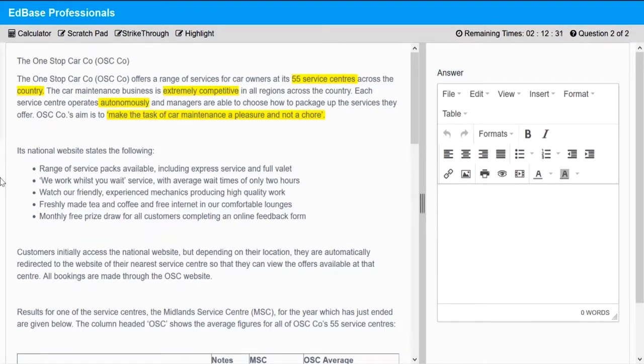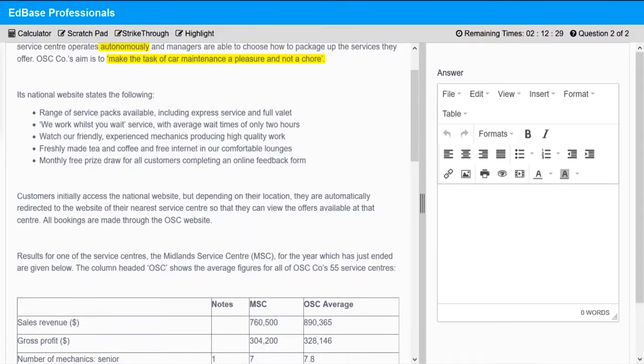Okay, very good. Now, in the second bit, its national website states the following: a range of service packs available, including express service and full valet. We offer a while-you-wait service with an average wait time of only 2 hours. Here we have one promise, because as the national website says, they only take 2 hours to complete one service.